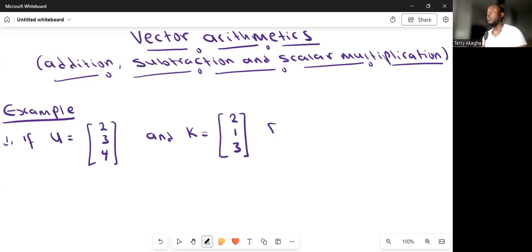We're now told to find 5u minus 2k. All right. Similar to normal arithmetic, this follows BODMAS. So I'm going to first find 5u, then find 2k, and subtract the result from it, okay? Let's do this together.